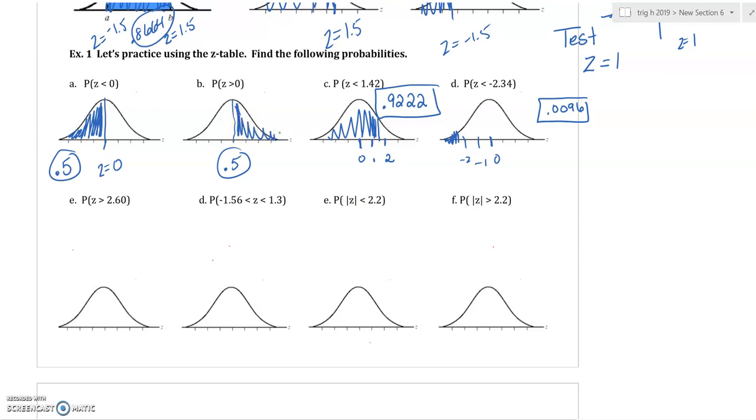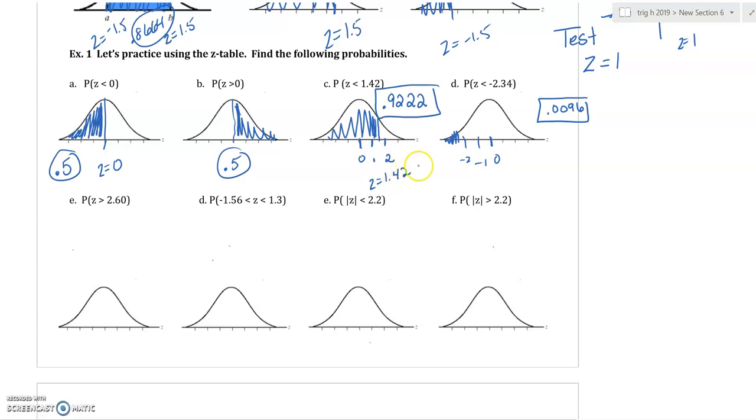Okay, so again, what we're trying to find right here, if I said the z-score is 1.42, we're trying to find the probability that if you picked a data point at random, that data point would be less than 1.42 standard deviations from the mean. So that's what we're trying to find.